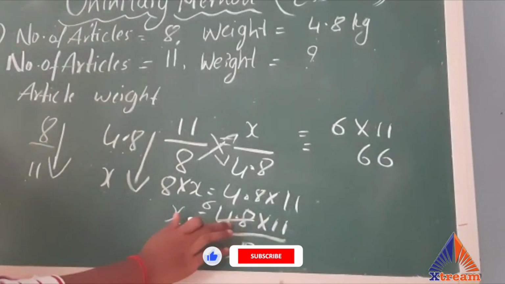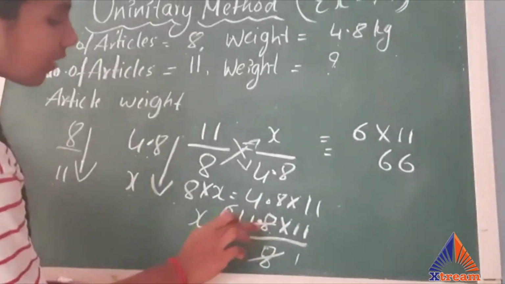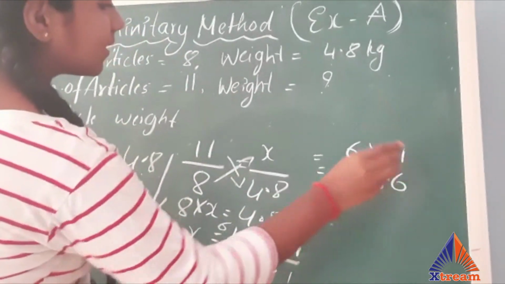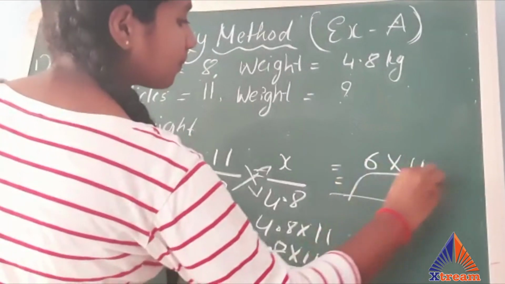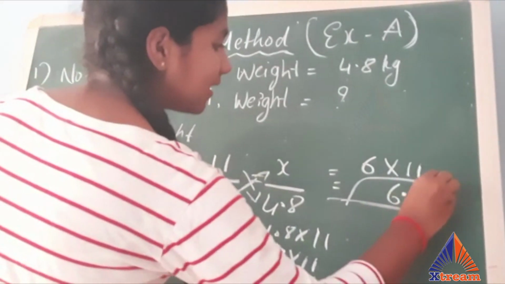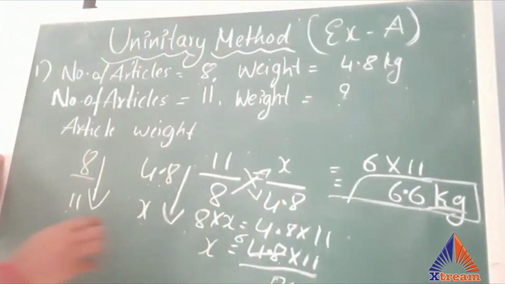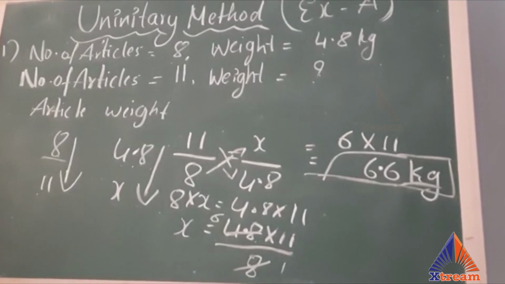As there is a point after one digit, you can place the point over here. So this will be your final answer: 6.6 kgs actually, and don't forget to write the units beside. So this is how you will find the solution for this question.